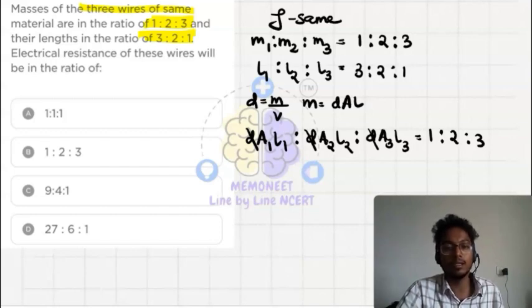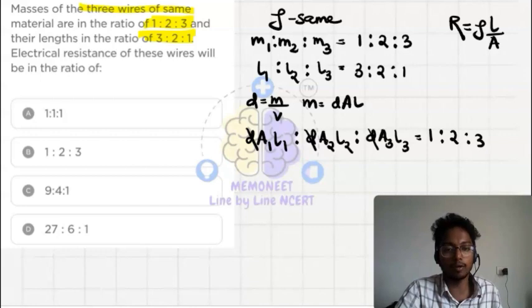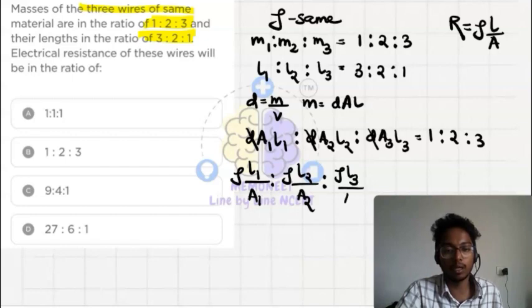Now we know that R is equal to rho into L upon A. So for R1 we can write rho into L1 upon A1, is to rho into L2 upon A2, is to rho into L3 upon A3.